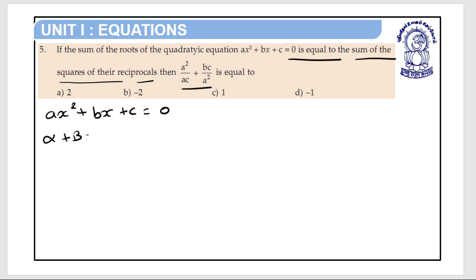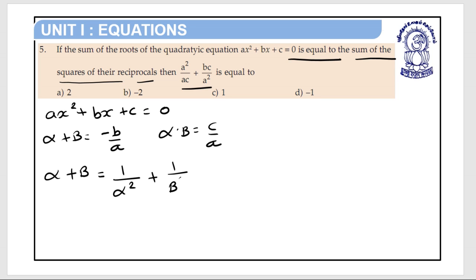Alpha plus beta is equal to minus b upon a, alpha into beta is equal to c upon a. Given that the sum of the roots is 1 upon alpha square plus 1 upon beta square.